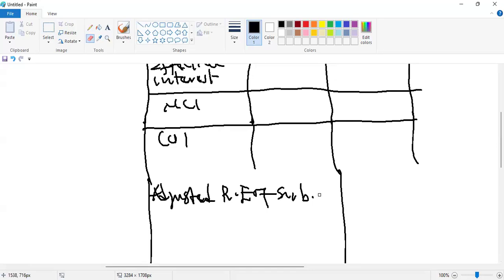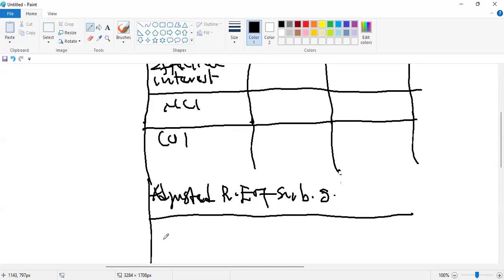Okay. I need adjusted retained earnings of the subsidiary of the subsidiary. He has two subsidiaries. The first subsidiary, Omoboti, and the second one is Omaye.